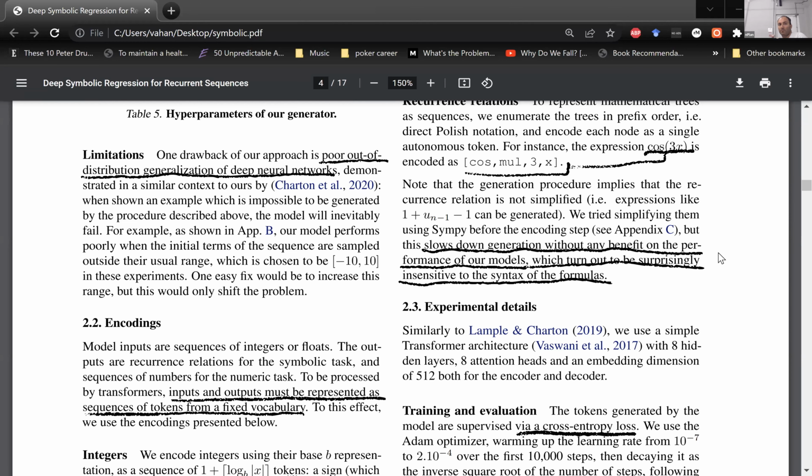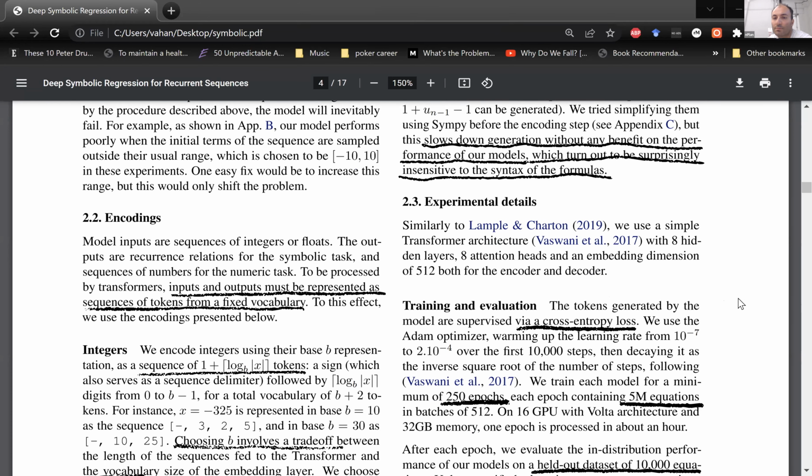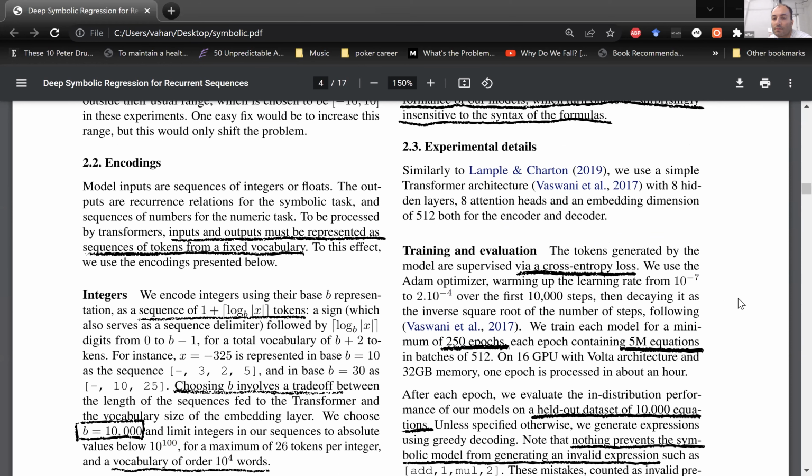What it says over here is that during training, we generate expressions using greedy decoding. So in each position, they take the max. Actually, they don't need to generate. They're training with cross entropy loss.